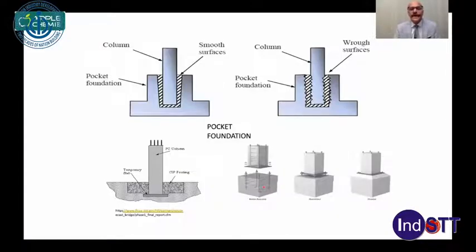Similarly, you have a foundation where you can have a column which is either smooth, then you put it into the groove of the pocket foundation, or you have a rough pocket foundation and you again put it in. Both systems are used. In the lower part of your screen you can see the site installation where a larger piece of concrete is cast to install the precast column.